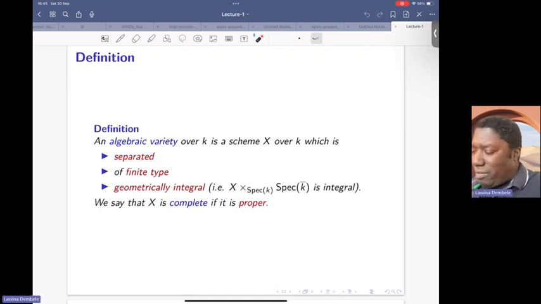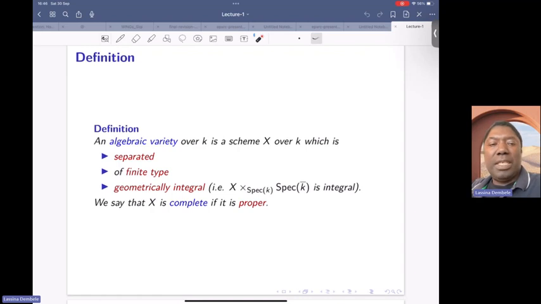By an algebraic variety over a field K, I'm going to mean a scheme which is defined over K, and I want this scheme to be separated. I want it to be of finite type, and then I want it to be geometrically integral.